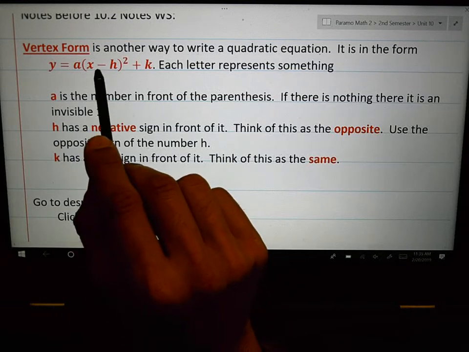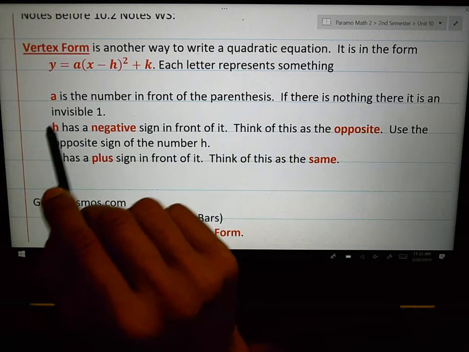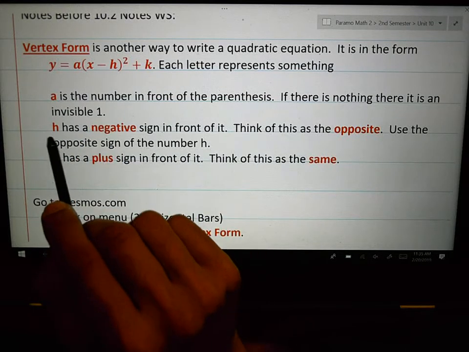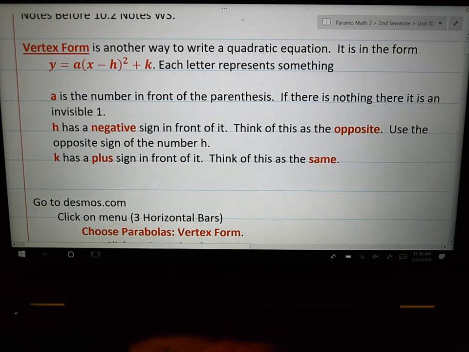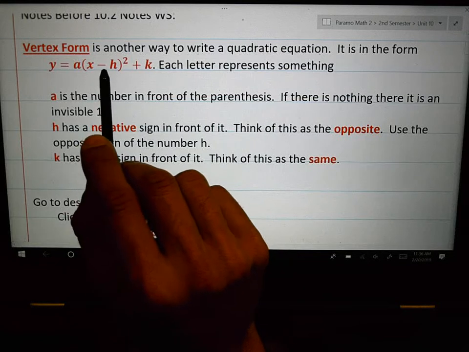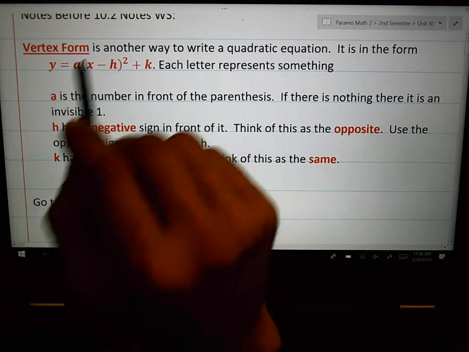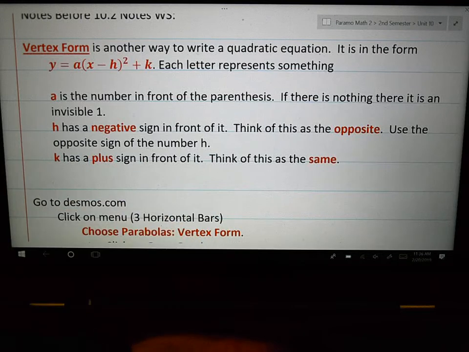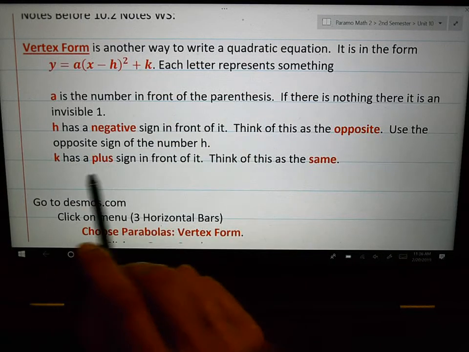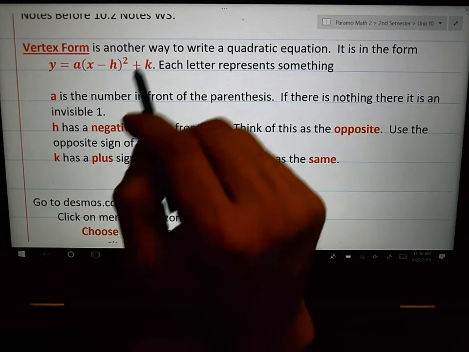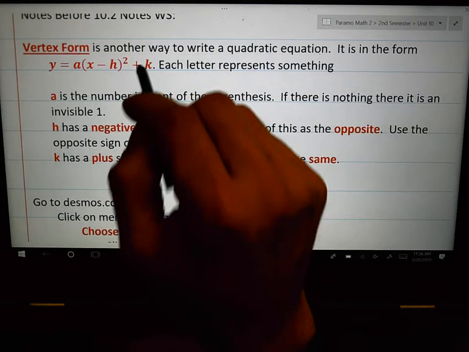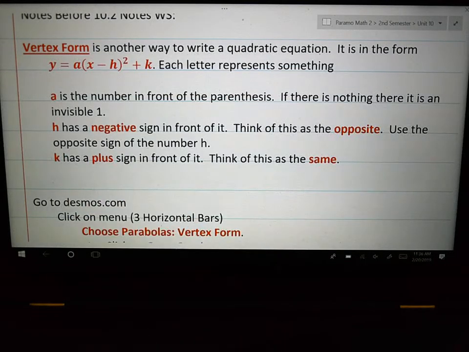Meaning, if this has a negative sign, I change to the opposite sign to figure out what H is. If this has a positive sign, I need to think that it is the opposite of that, and I would use a negative for H. K has a plus sign, so therefore it should be the same sign. If it was a negative 2, then K is a negative 2. I'm going to explain in a second.